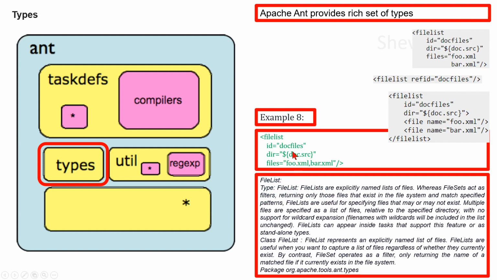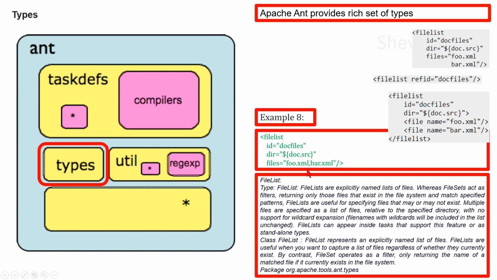Now we are considering file list, type file list. File lists are an explicitly named list of files, whereas file sets act as filters, returning only those files that exist in the file system and that match specified patterns.